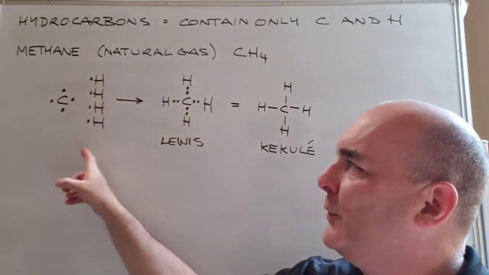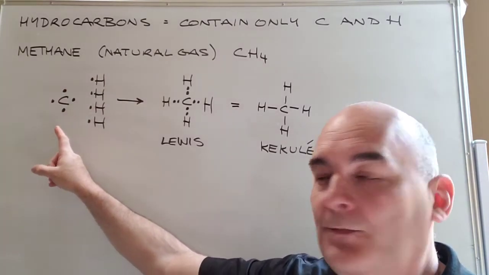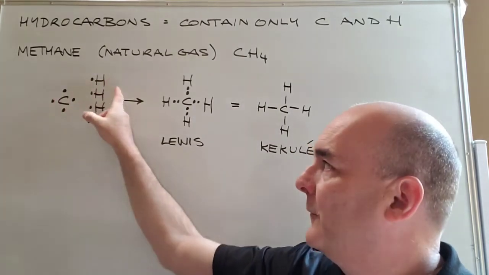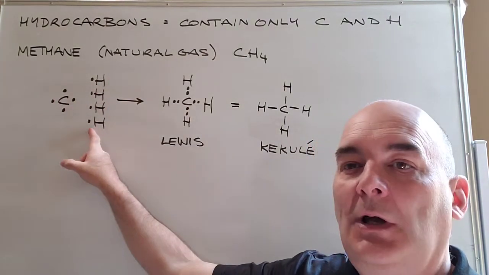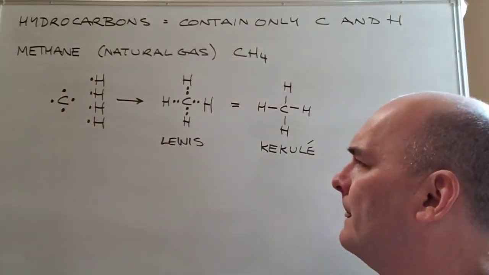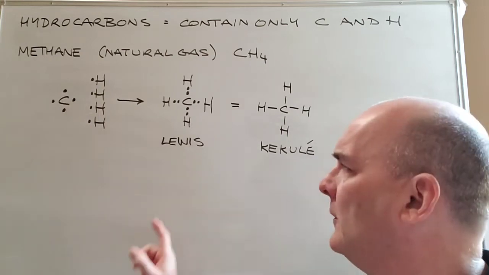So if we drew the Lewis dot structures of just the atoms, we would see that carbon has 4 unpaired electrons and that the 4 hydrogens each have 1 unpaired electron, and I need 2 electrons shared between 2 atoms in order to make a covalent bond.